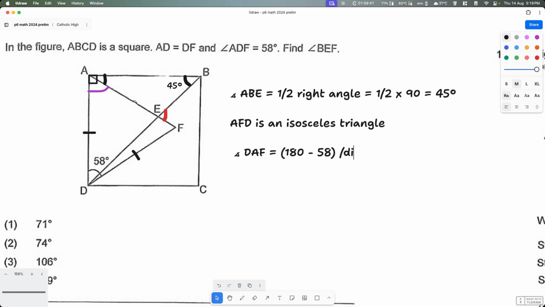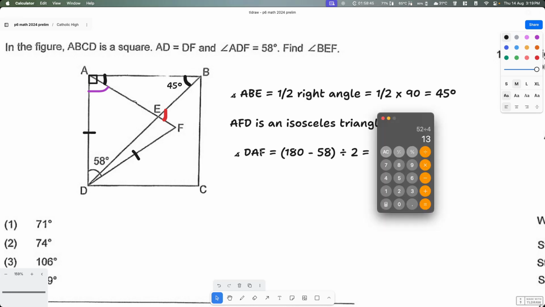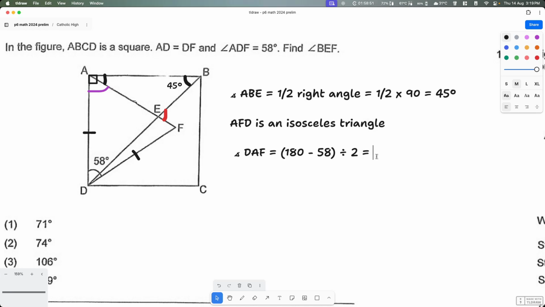Okay, in this case, 180 minus 58 is equal to 122 divided by 2. This will be 61. Oh, I used the calculator. Okay, sorry. But if you manually calculate, because we don't use a calculator, 180 minus 58 is 122, divided by 2 is 61 degrees. Okay, so DAF is 61 degrees.